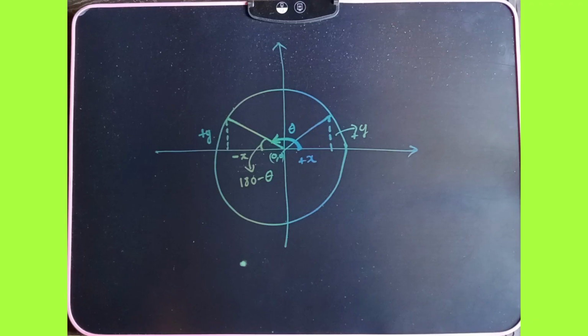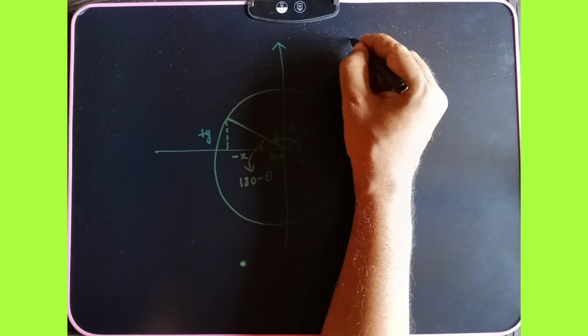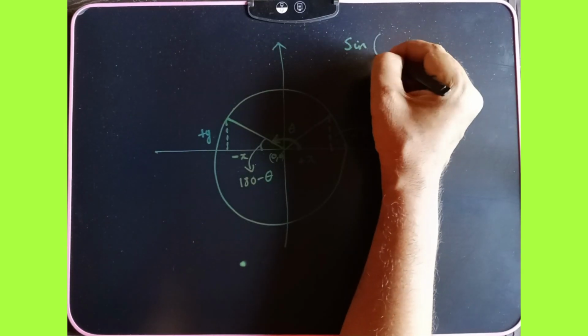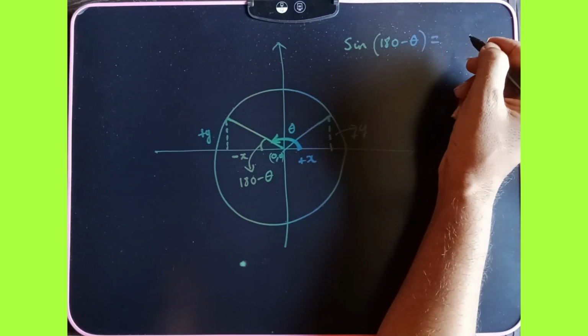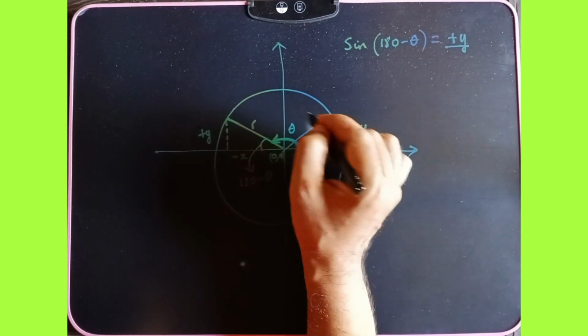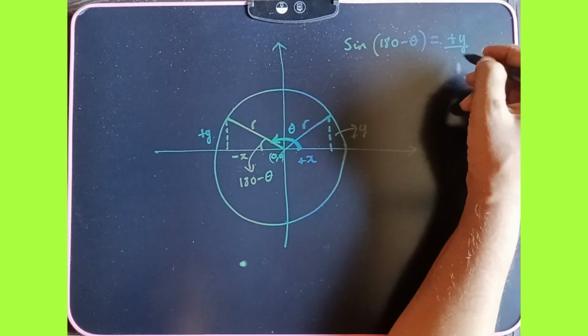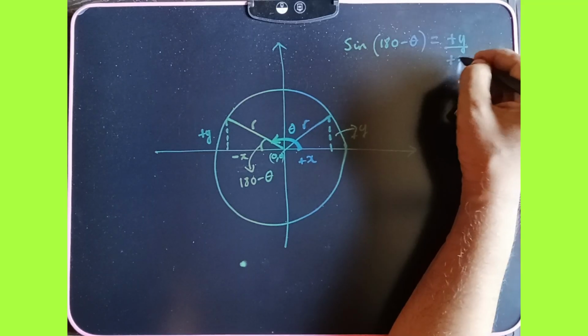So now what is going to happen? If I want to write sine of 180 minus theta, it will be equal to plus y divided by plus r, and r is always going to be positive, right?